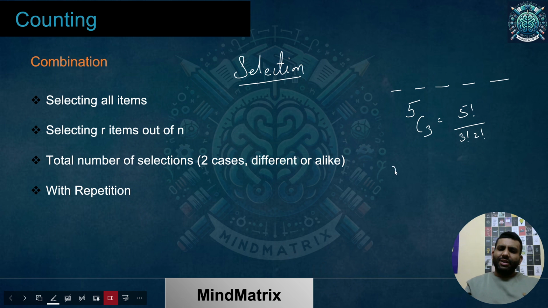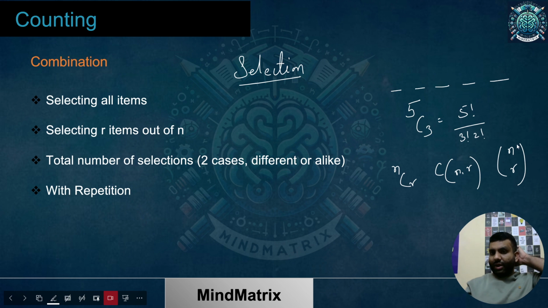You must be knowing this. nCr is the formula, which can also be written as C and r, and the other notation for this is the one with brackets, with n and r written in between the brackets. Okay, so it's like that only.